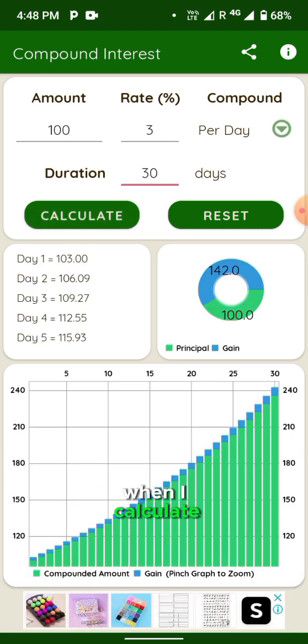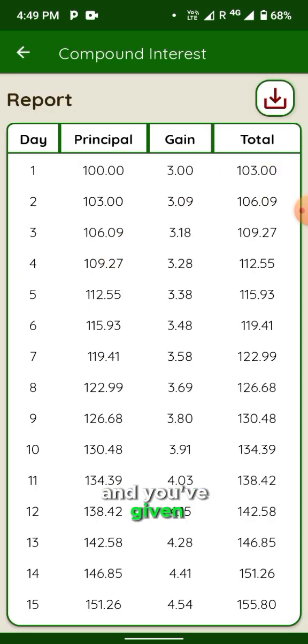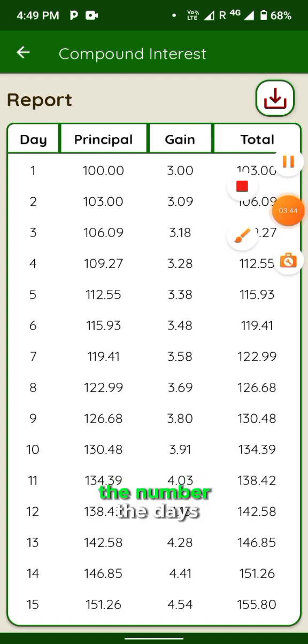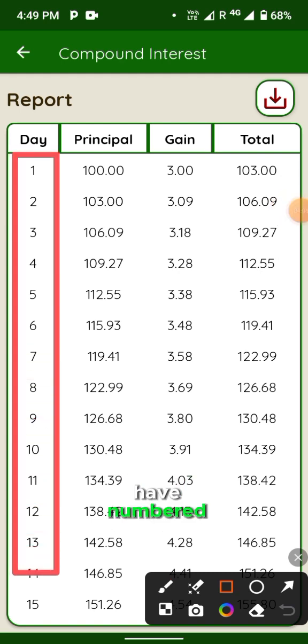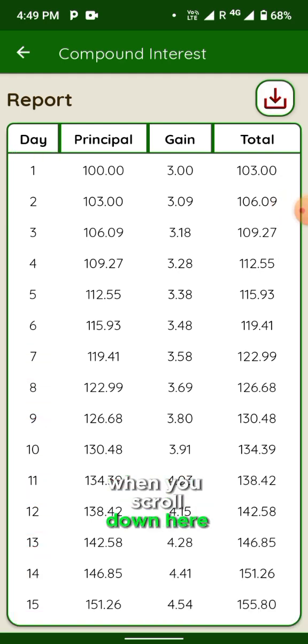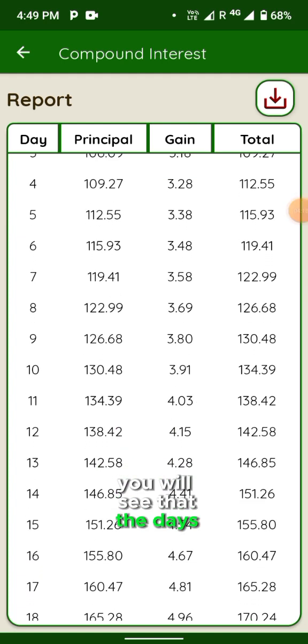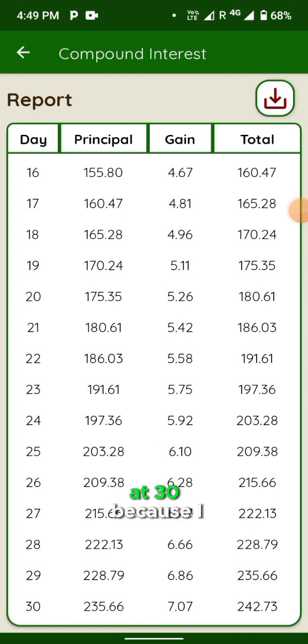When I calculate, it will take you here. When you look here, the calculator has worked per day, and it has numbered the days for you. When you scroll down, you will see that the days stop at 30 because I put 30 days.